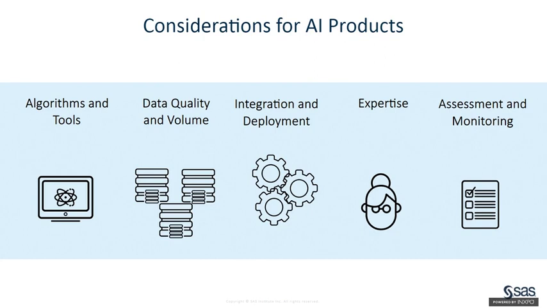AI products need to support a lot of different algorithms, like deep learning, with examples such as computer vision and chatbots. Tools, ease of use, and how effective they are are very important as well. This is something that SAS took into account while building out the SAS platform.